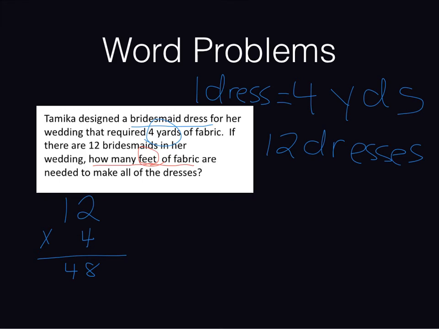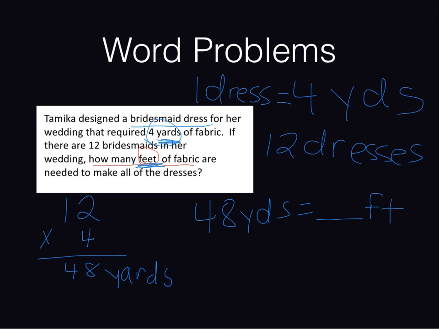Now, this is the most important thing to remember when you're using measurement: check your units. The original unit said yards, so that means she needs 48 yards of fabric. But it's actually asking us how many feet she will need. So now we have to convert 48 yards into feet.